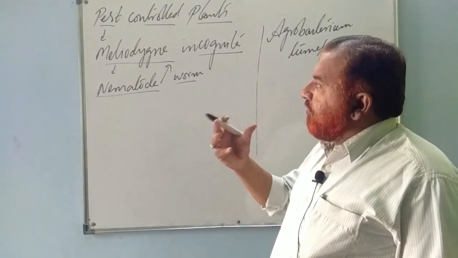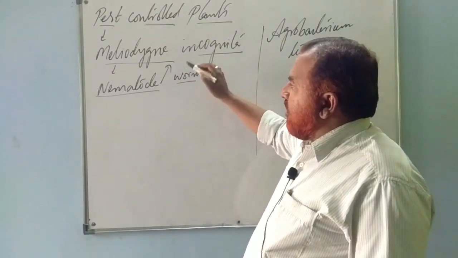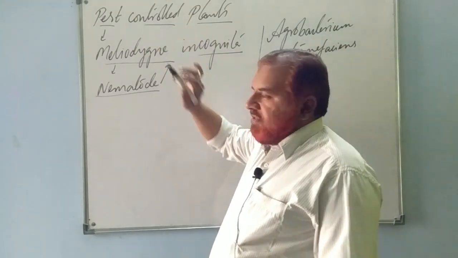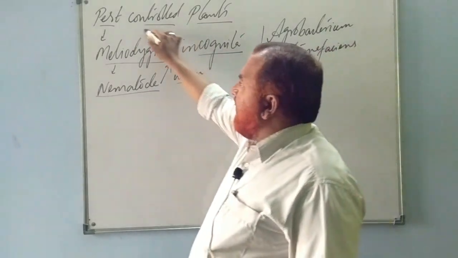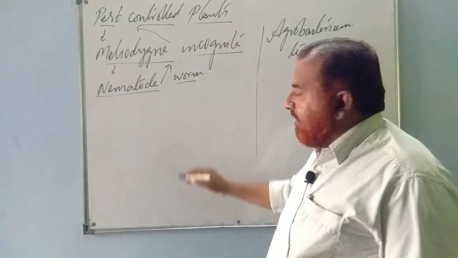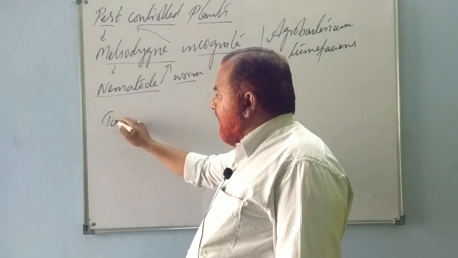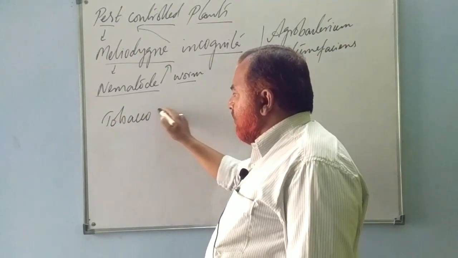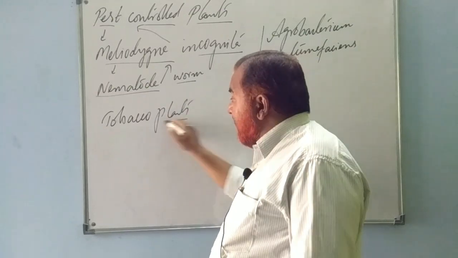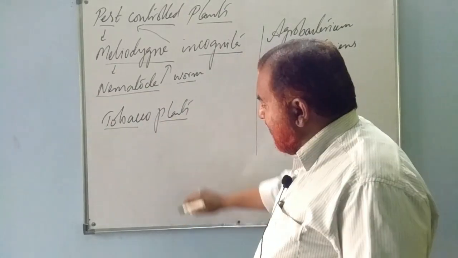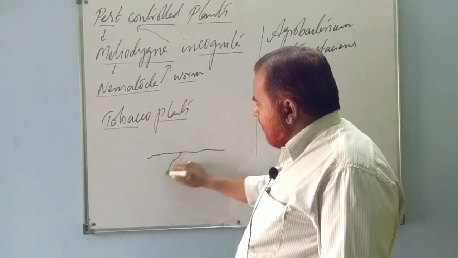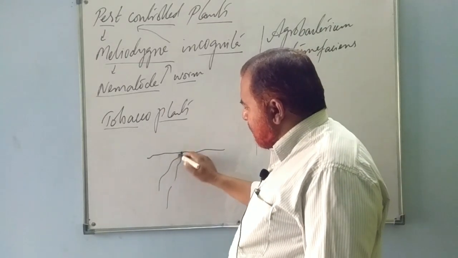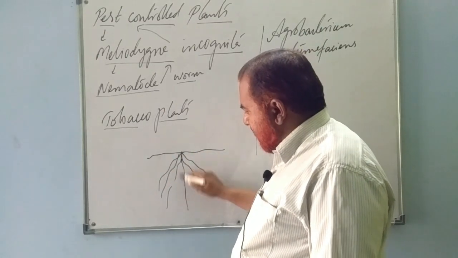Then, why should we discuss this here? Because this worm acts as a pest. This nematode acts as a pest and it damages the tobacco plants and other plants. Where does it damage? At the root level, in the root system. Just to understand, I am showing you a very rough diagram over here.